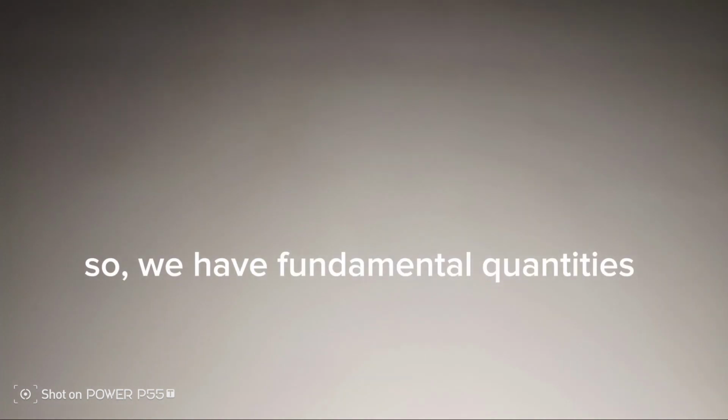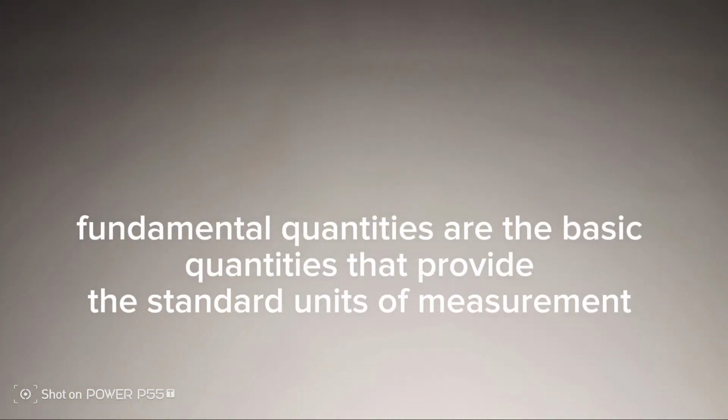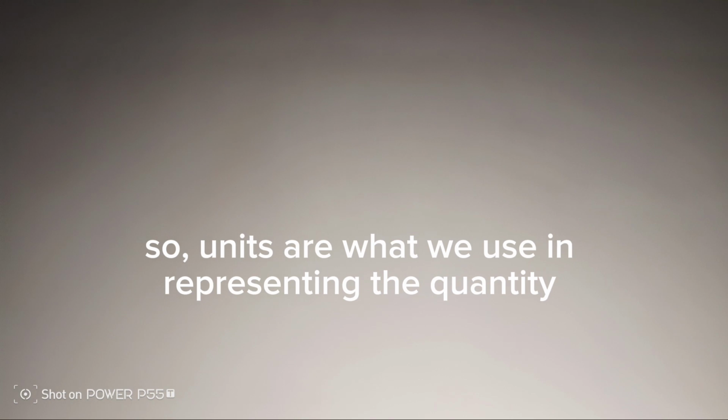So we have fundamental quantities. That is another aspect. Note, fundamental quantities are different from fundamental units. Fundamental quantities are the basic quantities that provide the standard unit of measurement. The unit is what we use in representing the quantities.